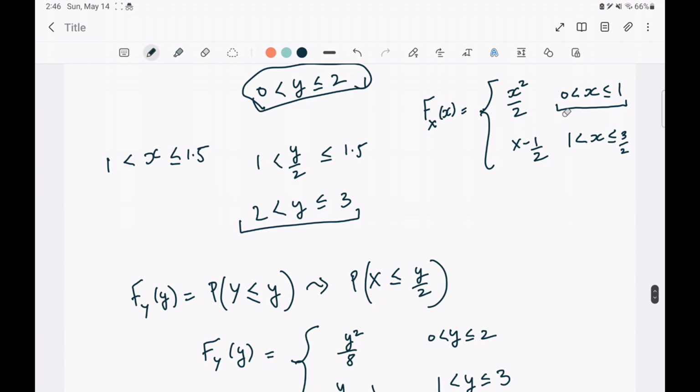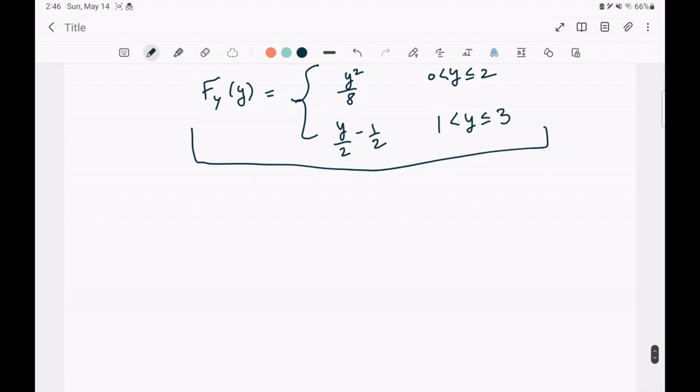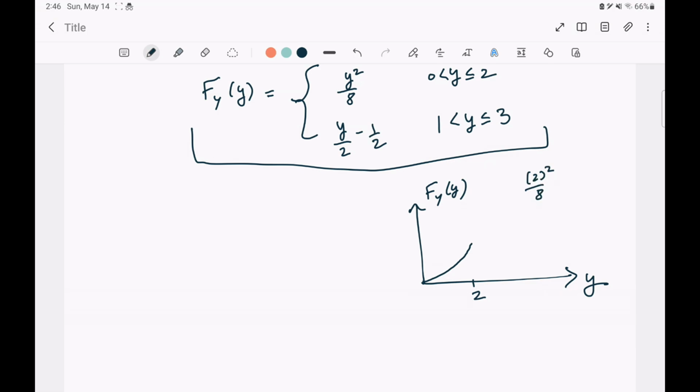Okay. So we have seen that this is the cumulative distribution function of y. We can also plot it on a graph like this. So this is small y and this is the CDF of y. It starts from 0 and increases in a quadratic manner till the value of 2, and if you just plug in the value of 2 here, it would be 2 square by 8, which is half. So this value would be half, and then it will increase linearly till the value 3 with a slope of half.